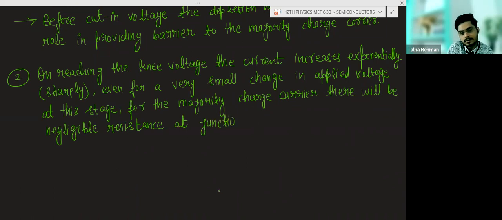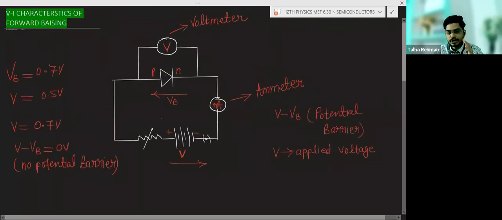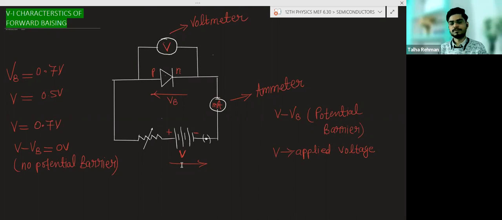So again, what will happen when the net voltage becomes the knee voltage? The potential barrier will become zero, so we can say the charge carriers can move. Majority charge carriers can now move from P to N side or N to P side.